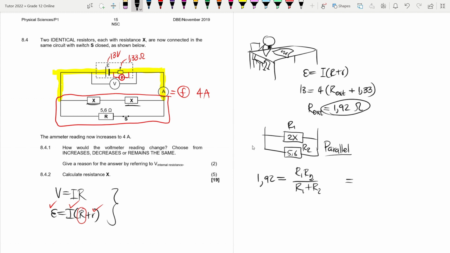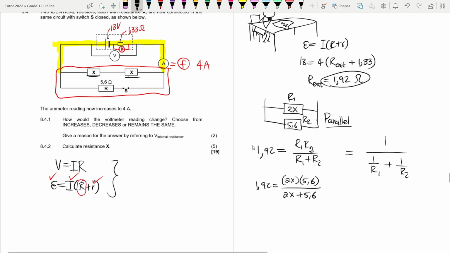But even if you don't do that, you can do 1 over R1 plus 1 over R2, still the same thing. Now when I substitute, these are in parallel, so that's fine. So I get 2x times 5.6 over 2x plus 5.6.